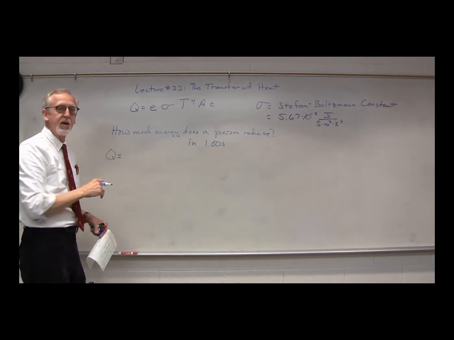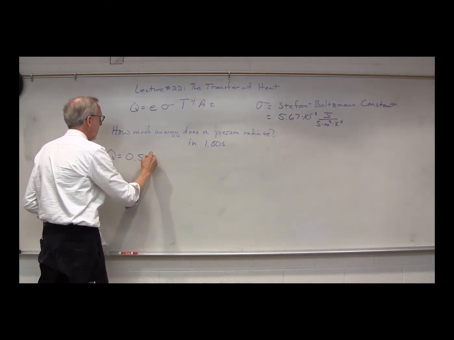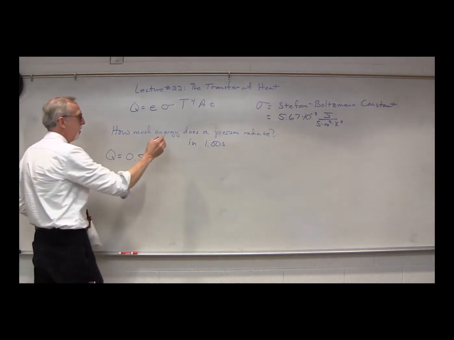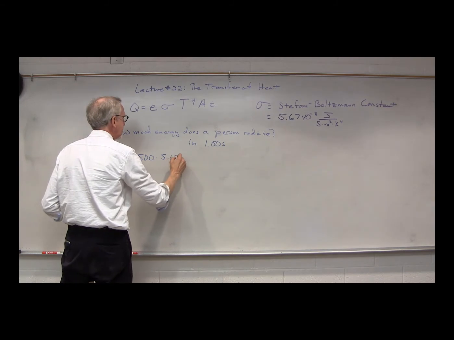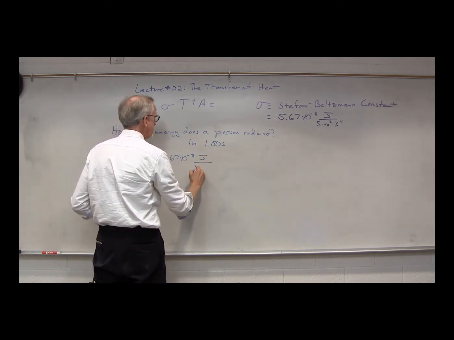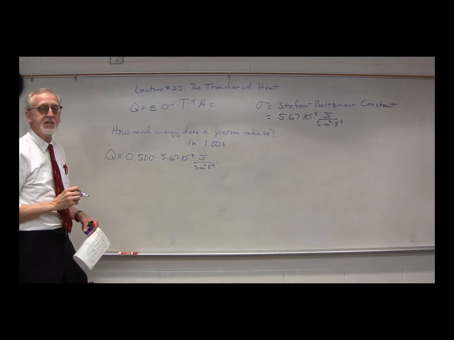So let's pick someone right in the middle, say a nice gray person with an emissivity of 0.5, times sigma, 5.67 times 10 to the minus 8th joules per second, meter squared, Kelvin to the fourth, times T.